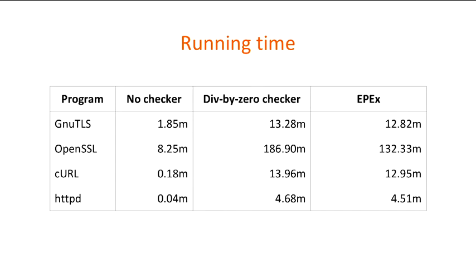The last column is our time for EPEx. As you can see, EPEx is slightly faster than the sample checker that comes with Clang. That's because we only look at the error paths. And yes, it is also much slower than not having a checker at all, but it's still fast enough to be integrated into processes like nightly builds.